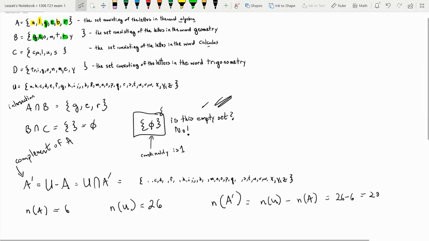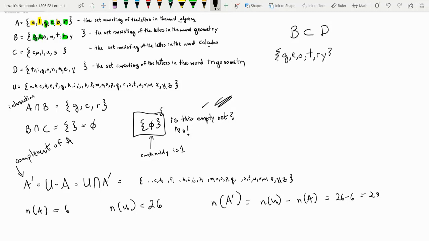Now, do we have any sets where one set is completely contained in another set? Looking at sets A, B, C, D, I believe B is a subset of D, because all the letters in geometry are present in the letters of the word trigonometry.